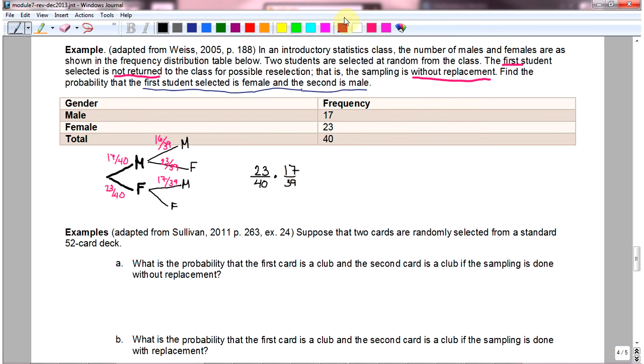So let me just make it clear that this is the branch we were interested in. And let me go ahead and write in our probability for 2 females being selected. That would have been 22 out of 39. Okay, so when we do that product, you multiply across. So we end up with 391 over 1560, which is approximately 0.251.